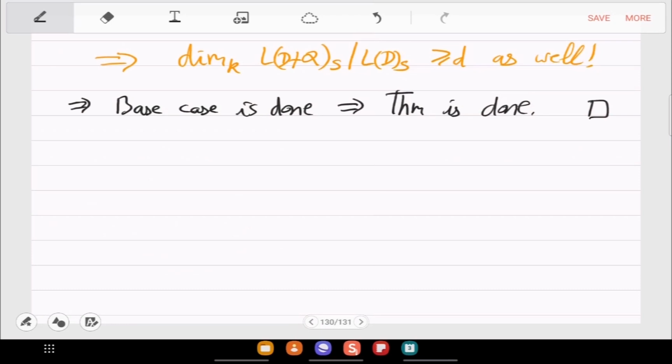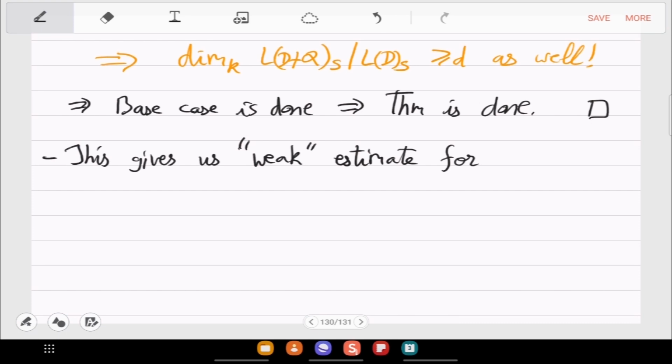But that can be done easily. So let's do that in the following corollary.